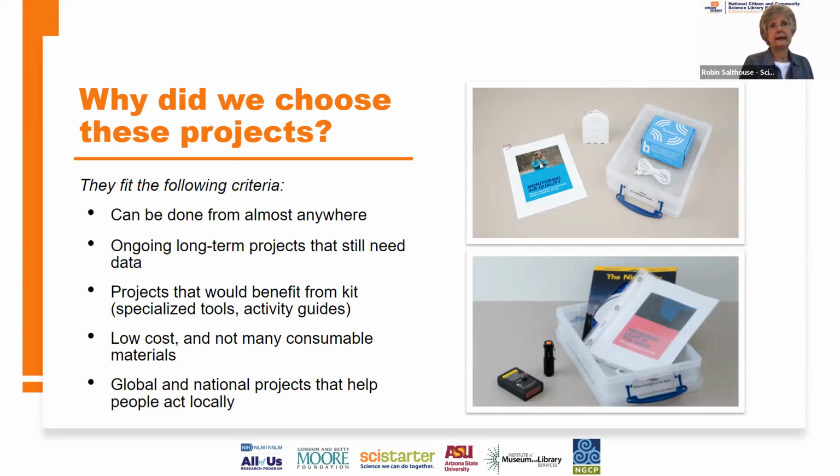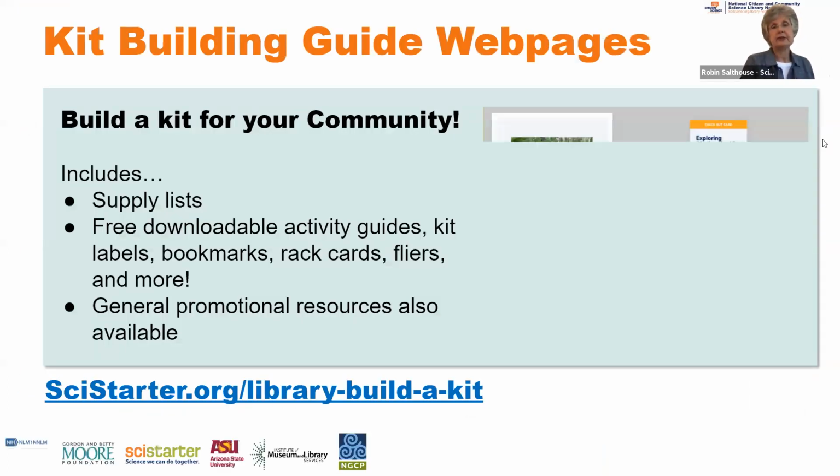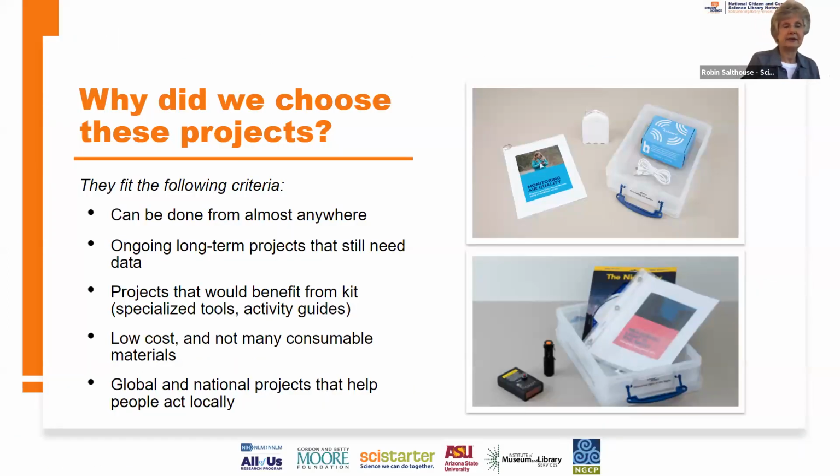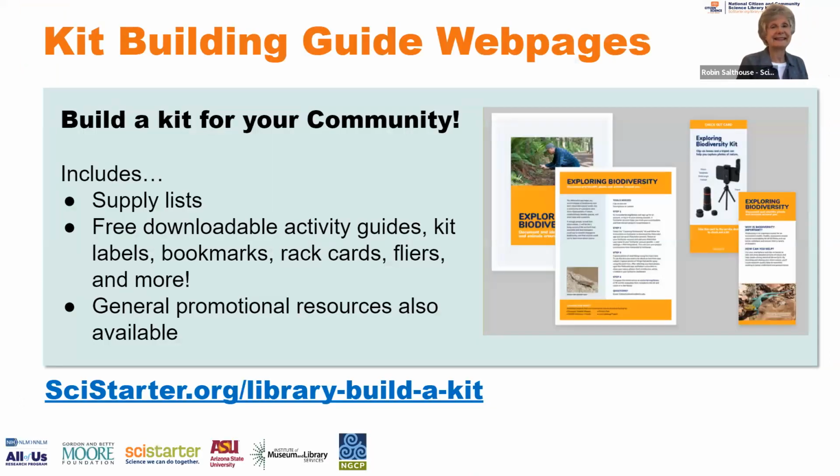I will say that the light meter and the air quality instrument are a little bit more expensive, but there are lots of opportunities to apply for grants, and that's something else SciStarter does, is help you learn of opportunities to get monies to support these kits. And then these kits, as I mentioned, can also help people locally as well as globally.